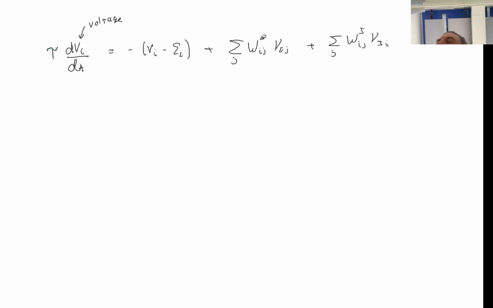Of course the inhibitory weights are negative, and the excitatory ones are positive.